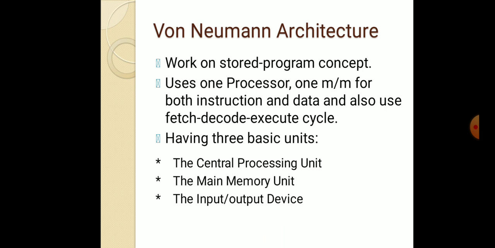Sometimes when we design a computer for a particular task that will perform a simple individual task, for example a calculator, the calculator is only used for performing calculation, so that is a fixed program computer.